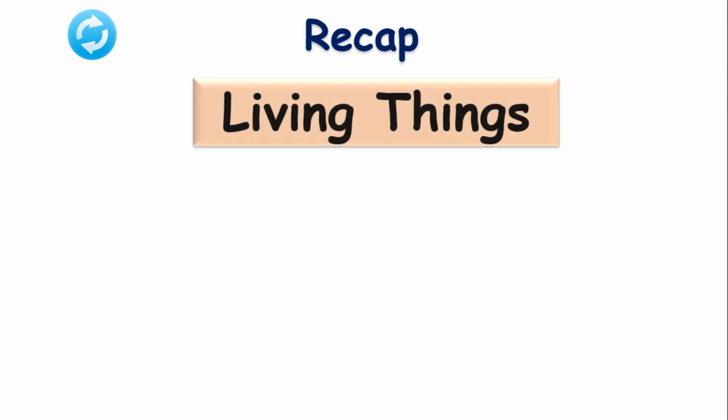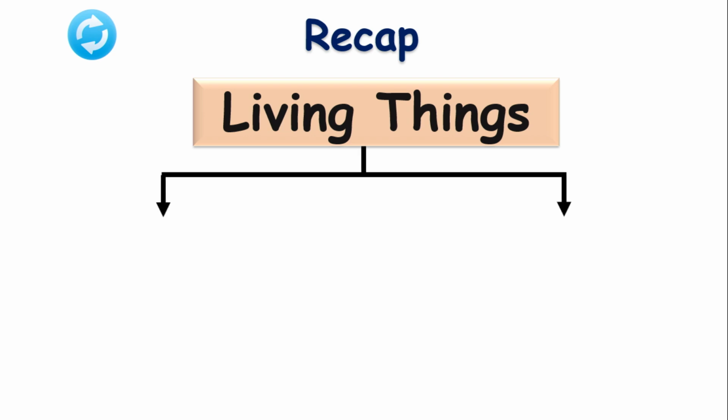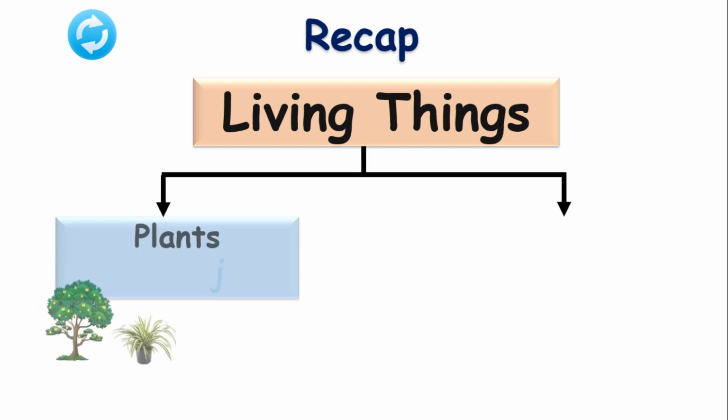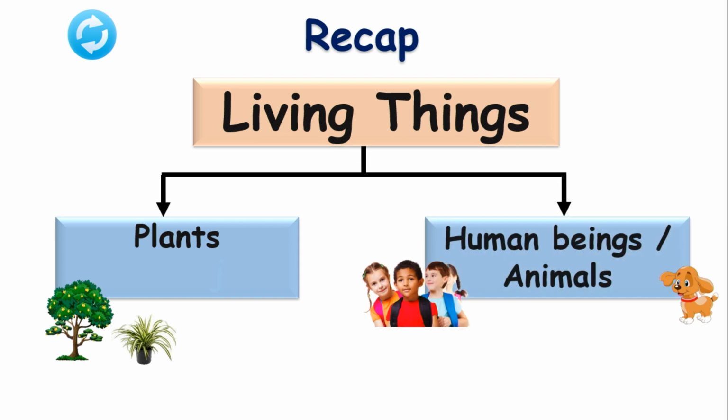Let us have a recap of today's lesson. In science, living things can be classified into two main categories. The first category is plants, and the second one is human beings and animals.